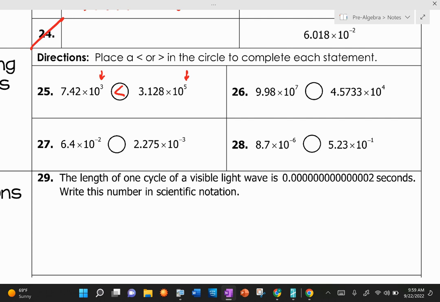So, okay. 26. All right. There are the solutions 25 through 28. The negative exponents can throw people off, so really think about it before you put your answer down.